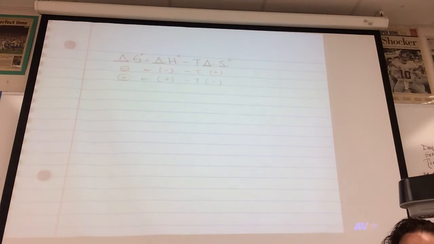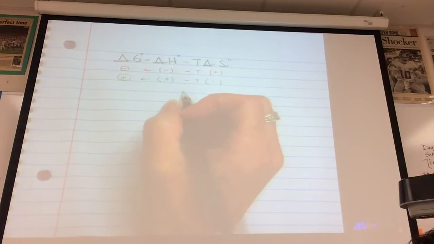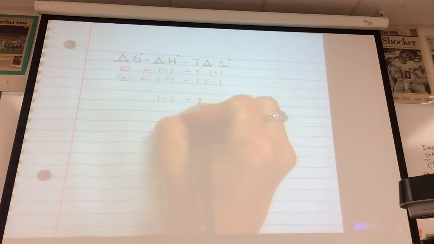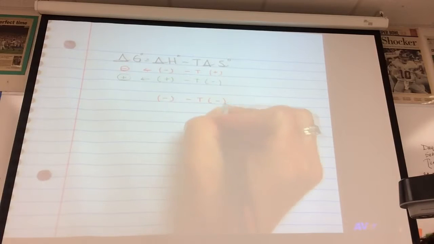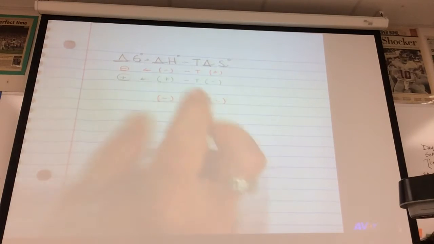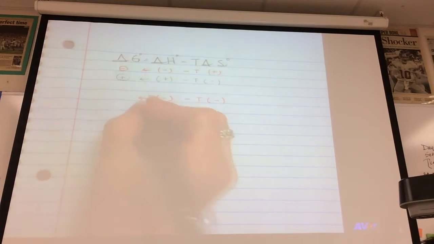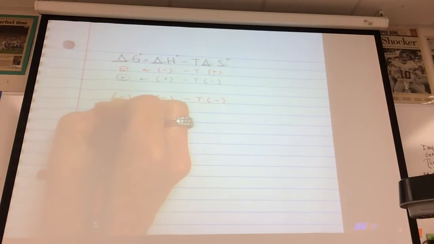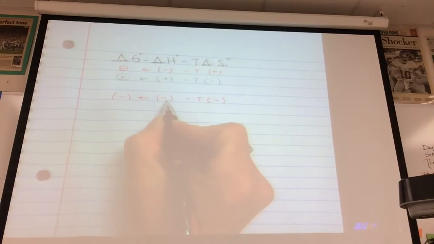And now in regard to driving, let's say we have an exothermic reaction that illustrates order. A negative minus a negative, you're not sure. For a thermodynamically favorable reaction, what would drive it?